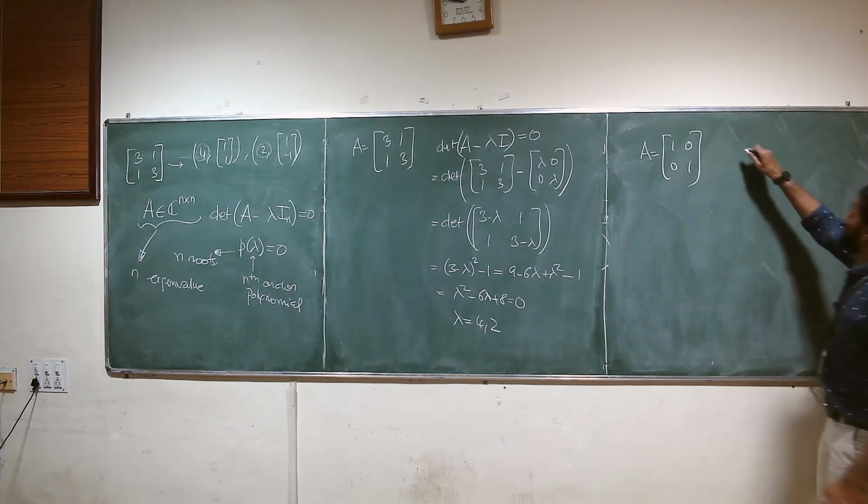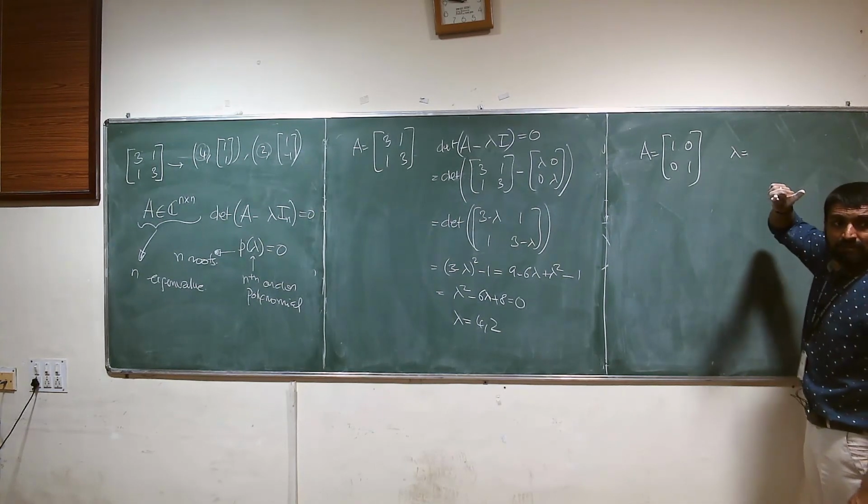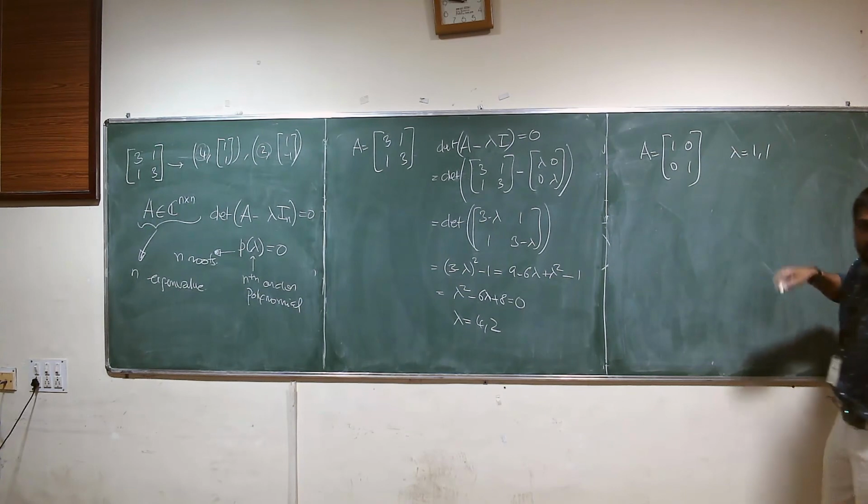Eigenvalues? Only one, is it? Well, as I said, in this case, it's repeated. What are the eigenvectors?